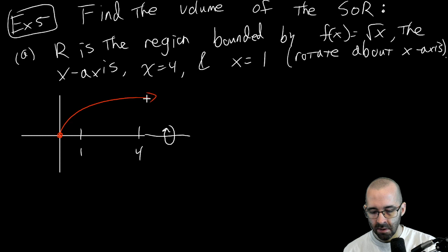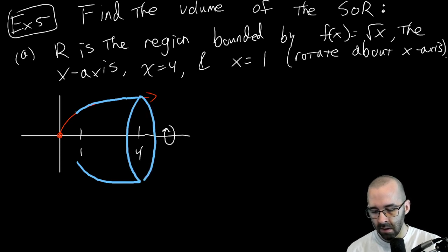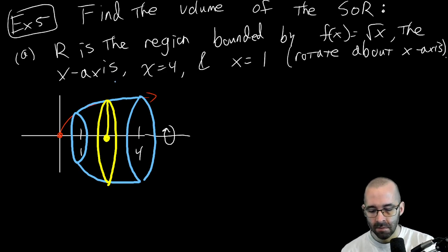So the picture is going to be this blue guy, and again, it's mirrored down here, being rotated about that axis. Again, we have the same cross-sectional circle or disk we always have. And the height is just a function value, just like always. So that's the picture. That's what's going on.